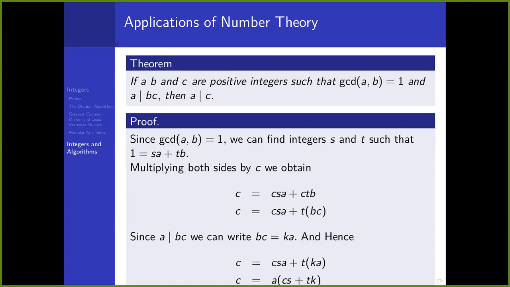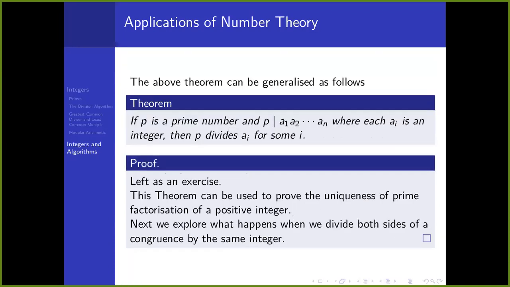So the same idea can be extended to the following theorem. We generalize it. This one says that if P is a prime number and P divides a product of n integers, A1, A2, up to AN, where each AI is an integer, then P must divide one of these integers.